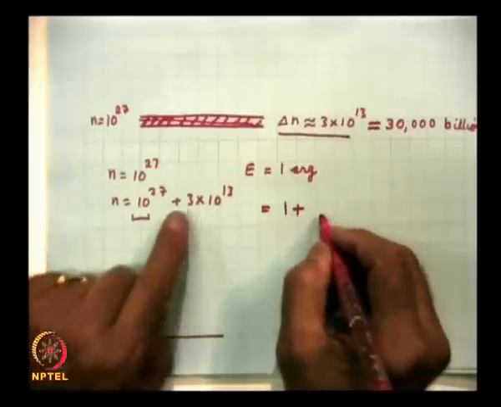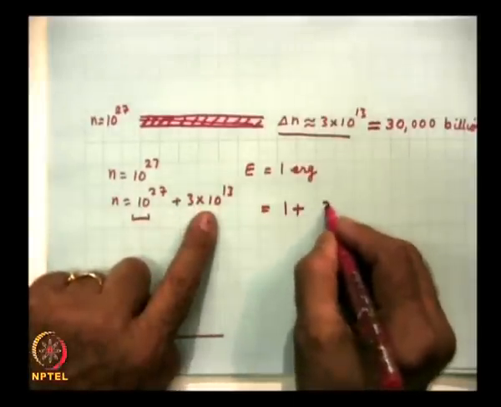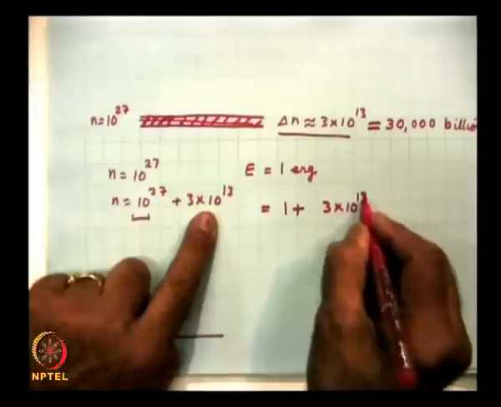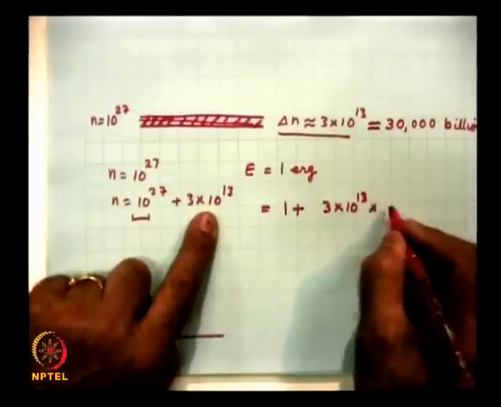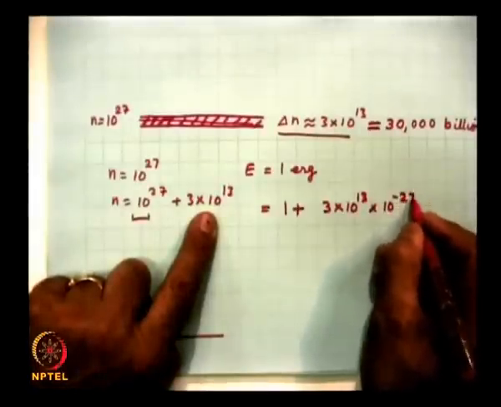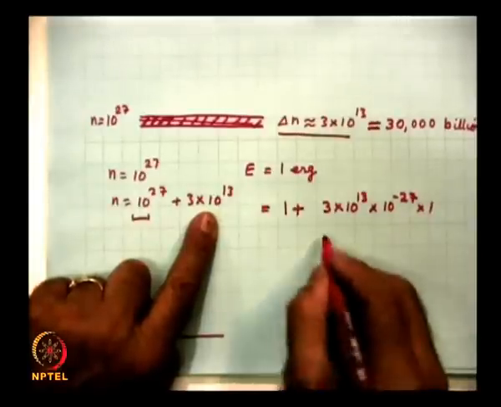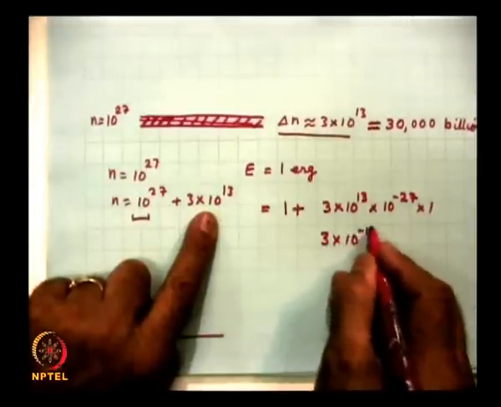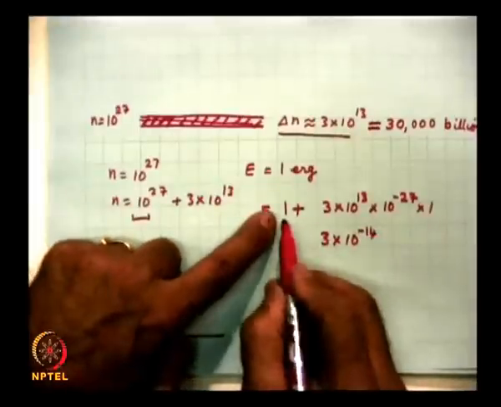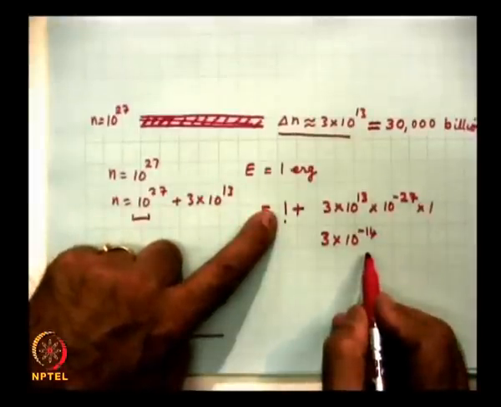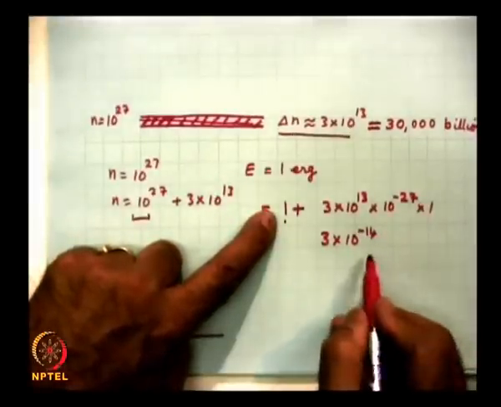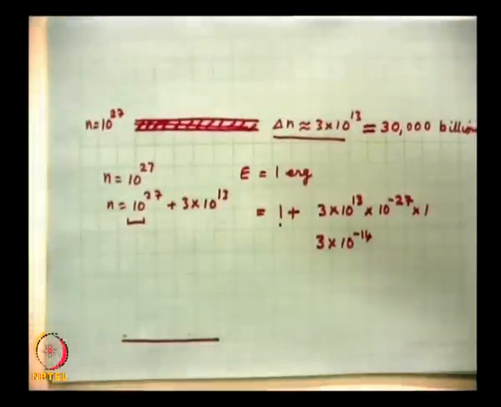If I take an n value of 3 into 10 to the power of 13 into h cross omega, h cross is 10 to the power of minus 27, omega is 1. So, this is 3 into 10 to the power of minus 14. So, you are adding 1 to a number which is extremely small in comparison to 1.